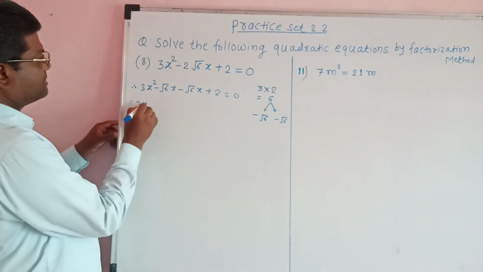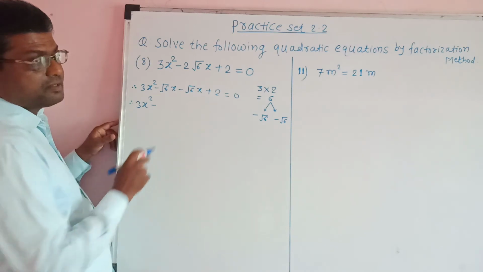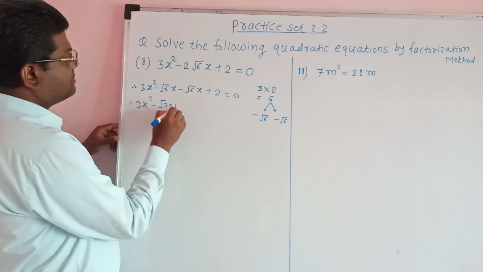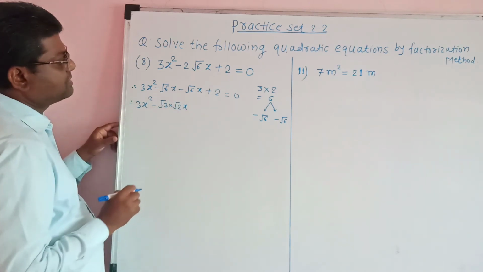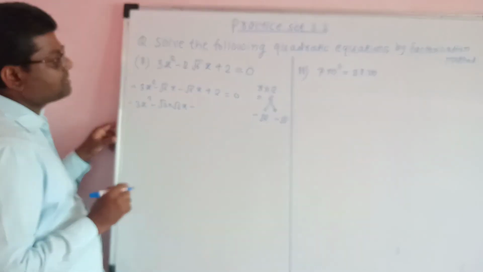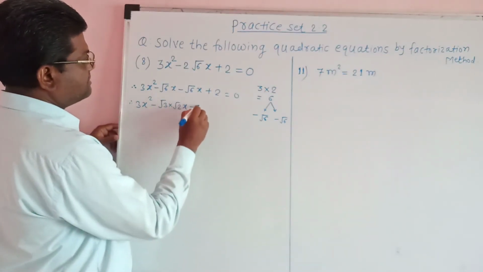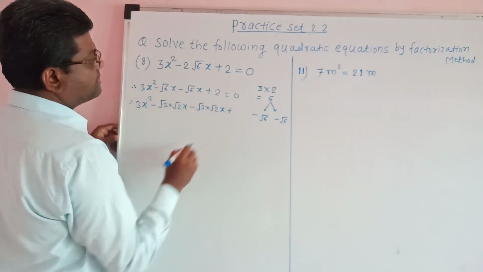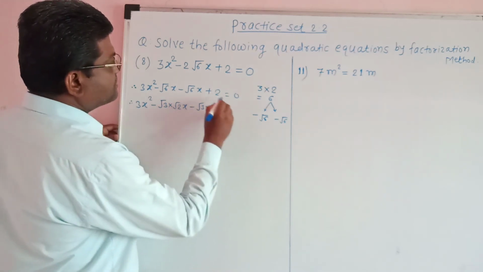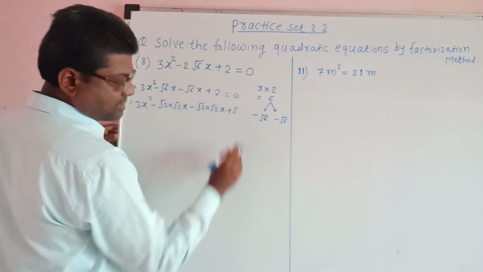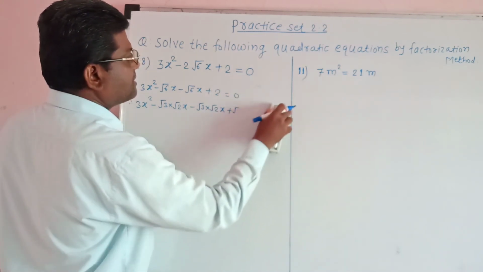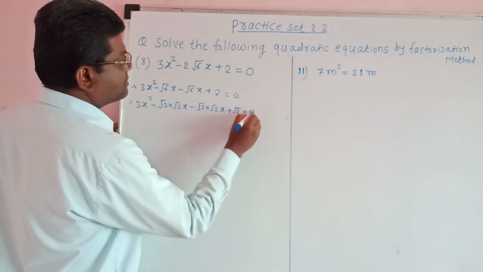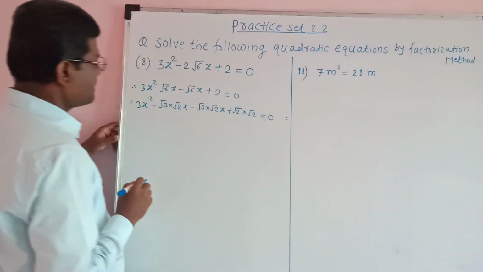Therefore, 3x square can be split as root 3 into root 3 into x square, minus this root 6 can be split as root 3 into root 2 into x, and plus this 2 can be split as root 2 into root 2 is equal to 0 here.